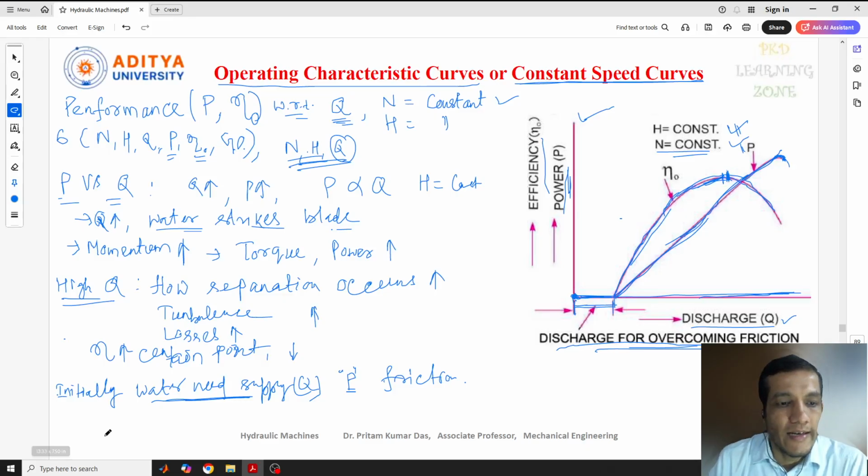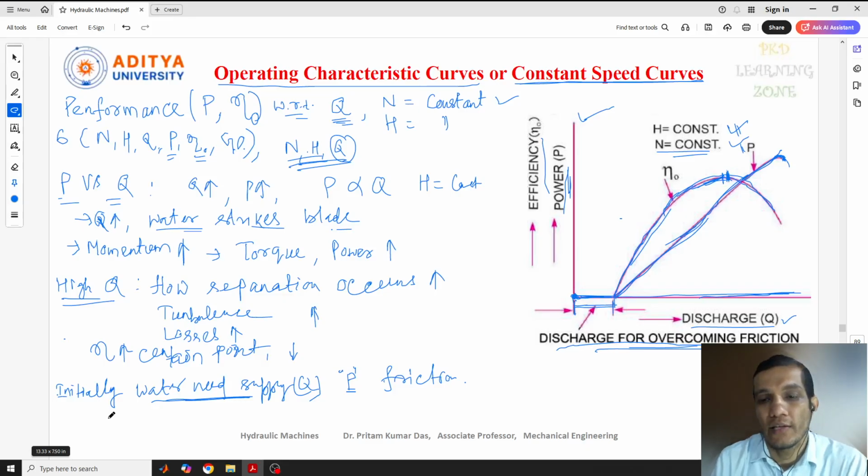One more point: some kinds of losses are there, as I told you, mechanical loss or hydraulic loss. To overcome that friction, some minimum flow is required.